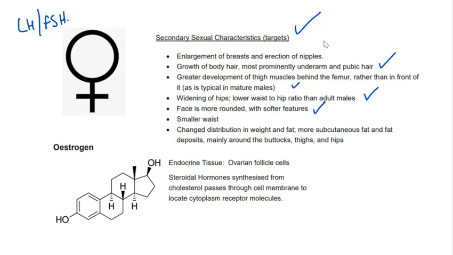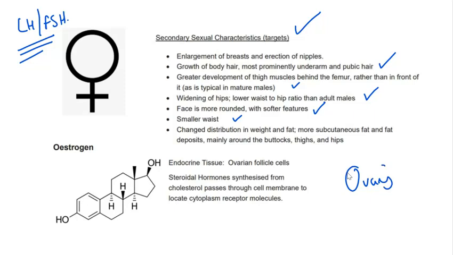Facial features often change, the waist sometimes reduces in size, and there's a redistribution of the weight and fat, all of which follows the effects that luteinizing hormone and follicle stimulating hormone have on the ovary.